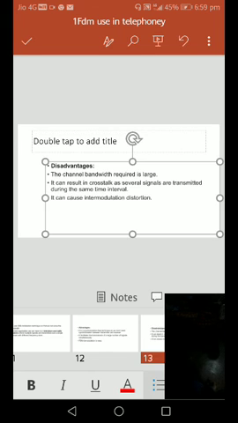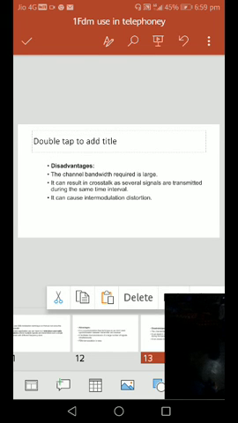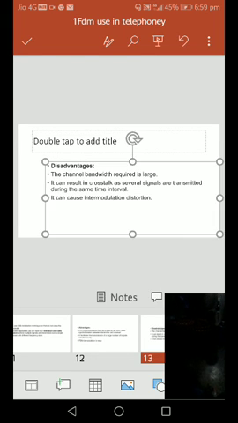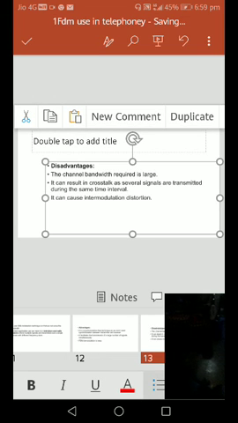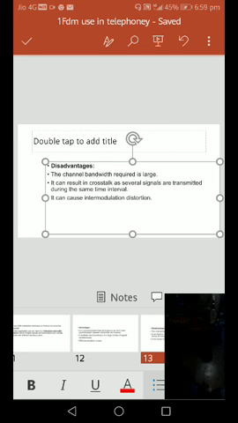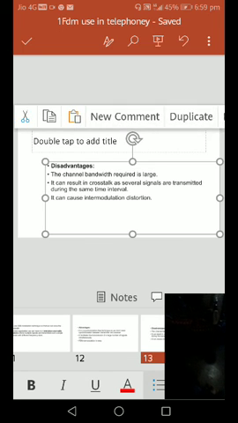These are the disadvantages: the channel bandwidth required is large, it can result in crosstalk as several signals are transmitted during the same time interval, and it causes intermodulation distortion.